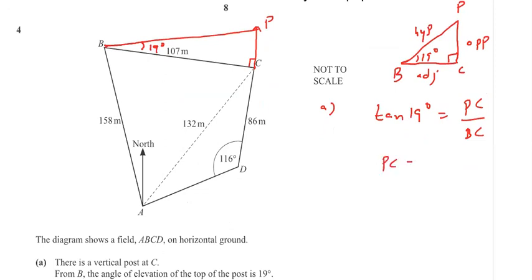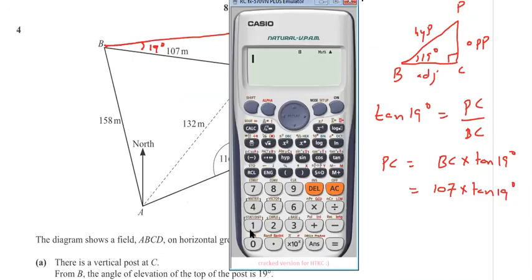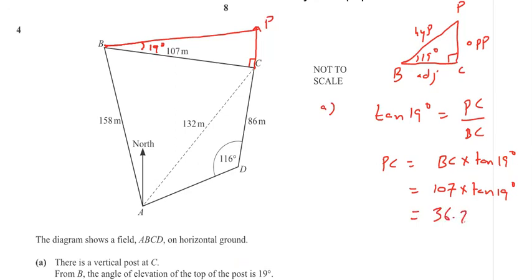So PC will be BC times tangent of 19 degrees, which is 107 times tangent 19 degrees. That is 36.84, which you can round to 36.8.